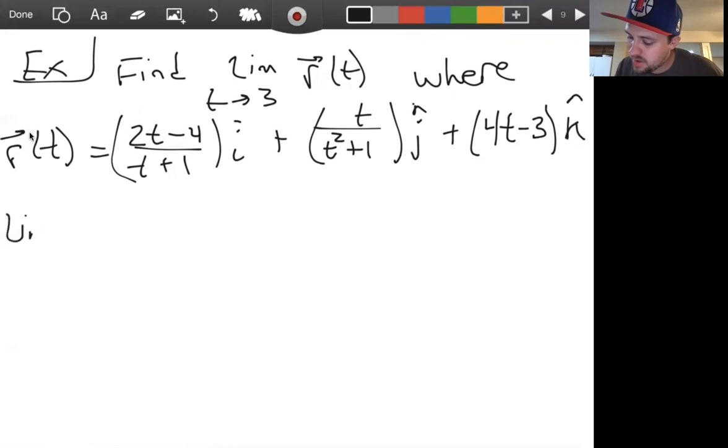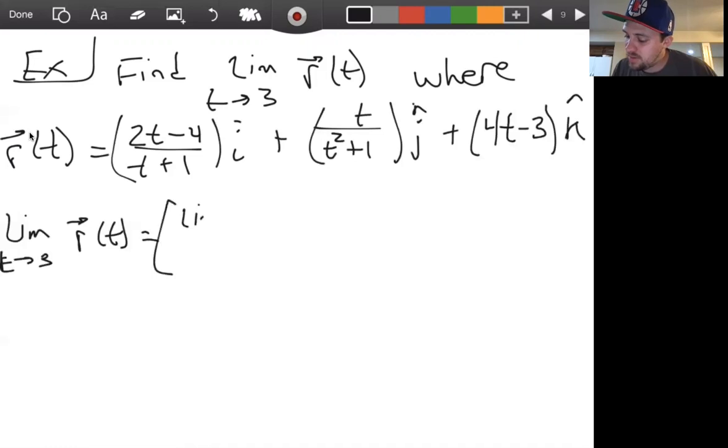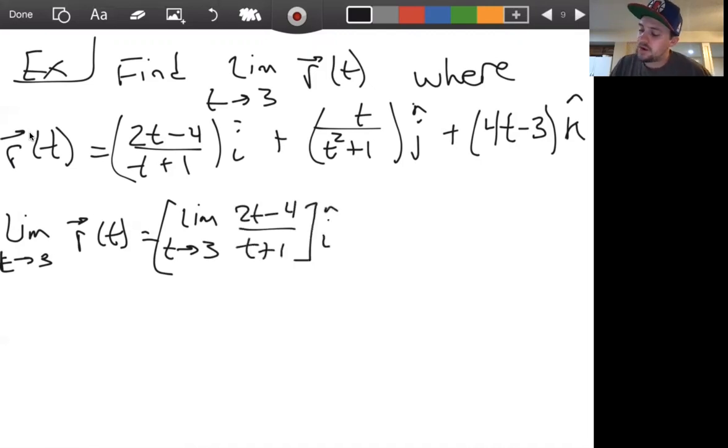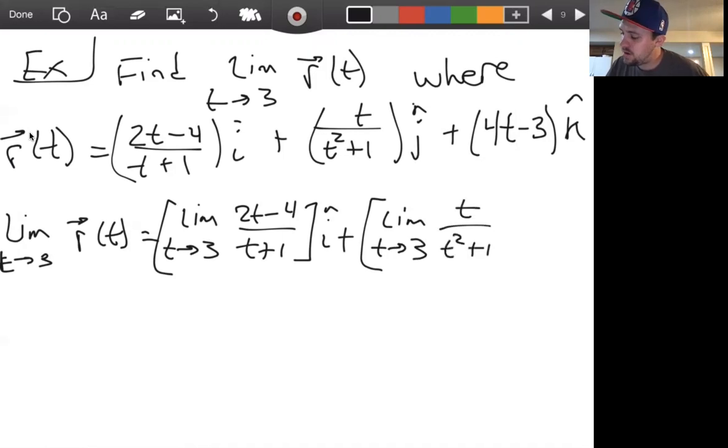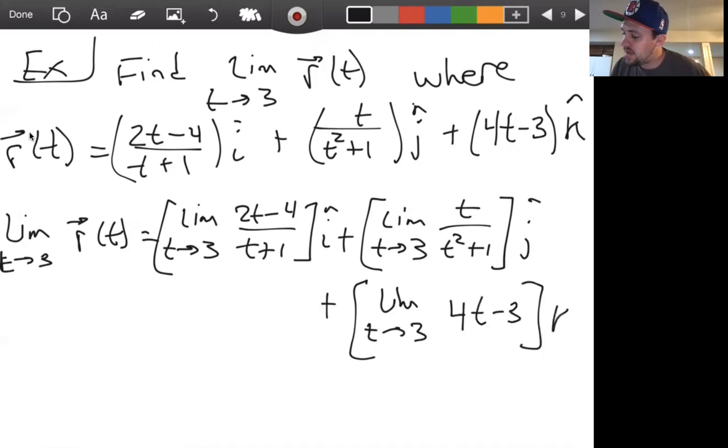The limit as t approaches 3 of r of t, well, by the previous theorem, we know that this is the same as the limit as t approaches 3 of 2t minus 4 over t plus 1 in the x component, i hat, plus the limit as t approaches 3 of t over t squared plus 1 j hat, plus the limit as t approaches 3 of 4t minus 3 k hat.